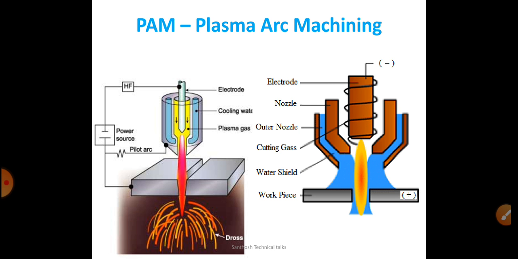The high velocity plasma is used to cut or machine the workpiece. Here the high temperature is used, and that is why we have to circulate a water shield on the plasma.